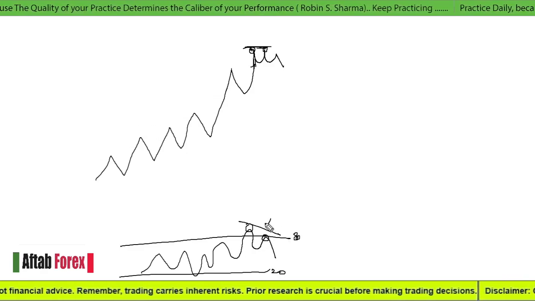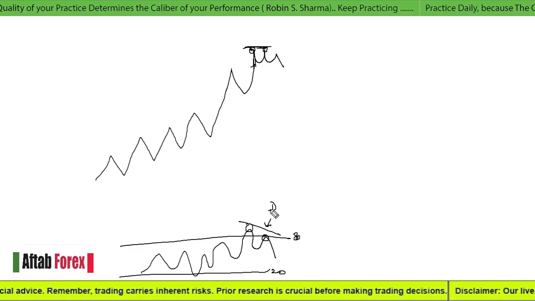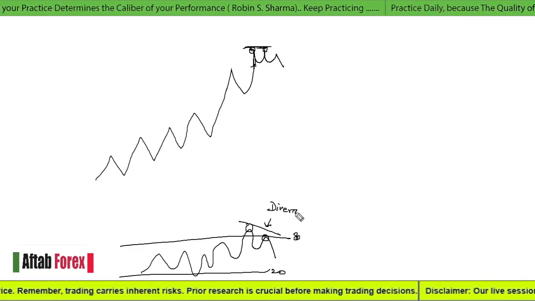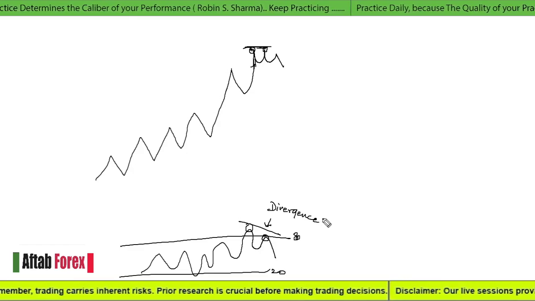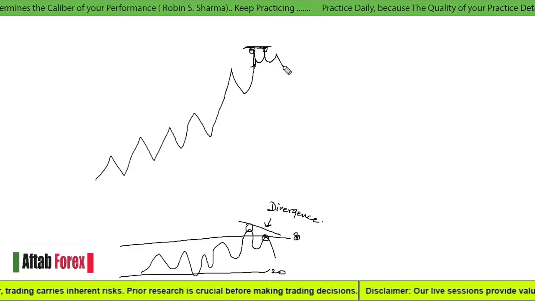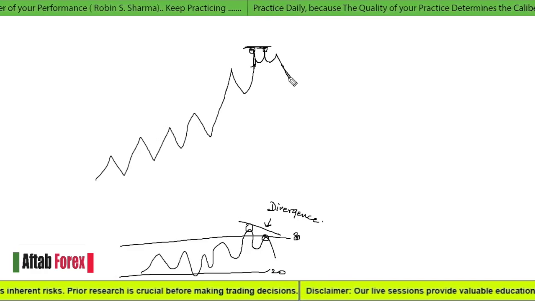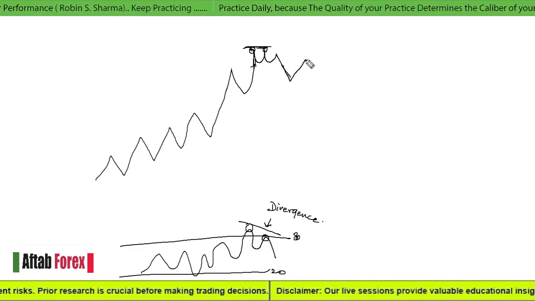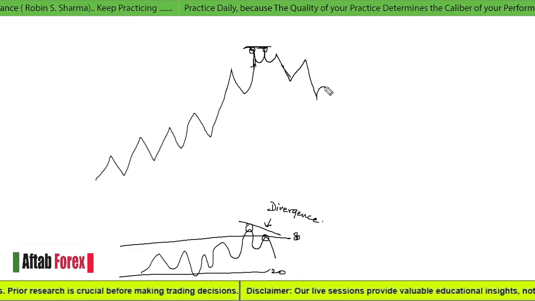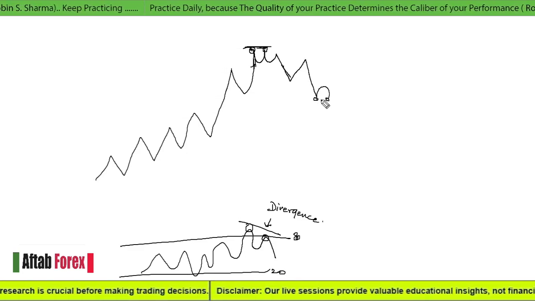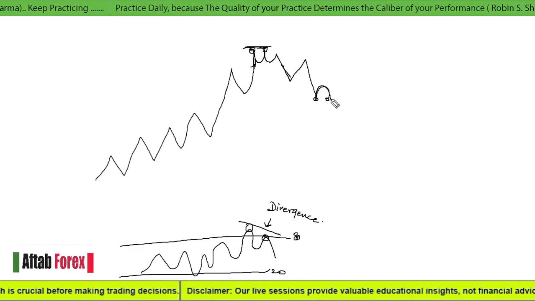So this is called divergence, and once you get it, this is a very strong evidence that okay, the market is now moving for a correction. So the pound did the same, and it fell down, then it went back up, and then it came down, and what it did is it gave a double bottom pattern right here.